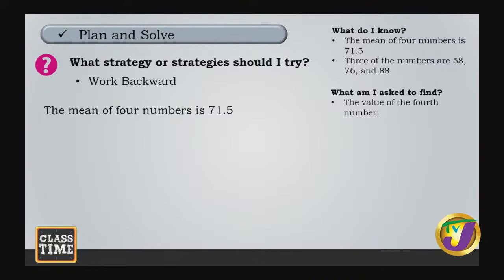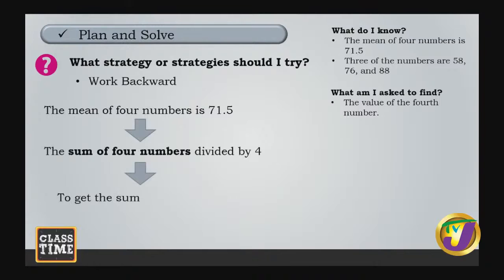That's how we found the mean to be 71.5. Going back, to get the sum of the 4 numbers, we would have had to do what? I'm going to multiply the mean, 71.5, by 4, because if you look at the step before, it's the sum of 4 numbers divided by 4.